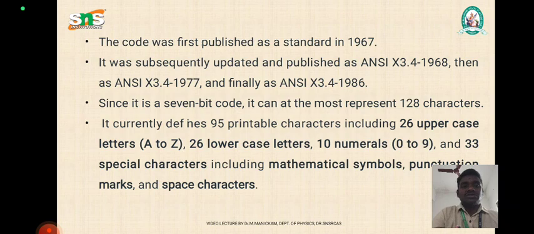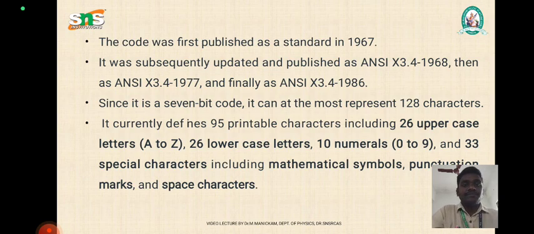This code was first published as a standard in 1967. It was subsequently updated and published as ASCII X3.4 in 1968, then ANSI X3.4 in 1977, and finally ANSI X3.4 in 1986.